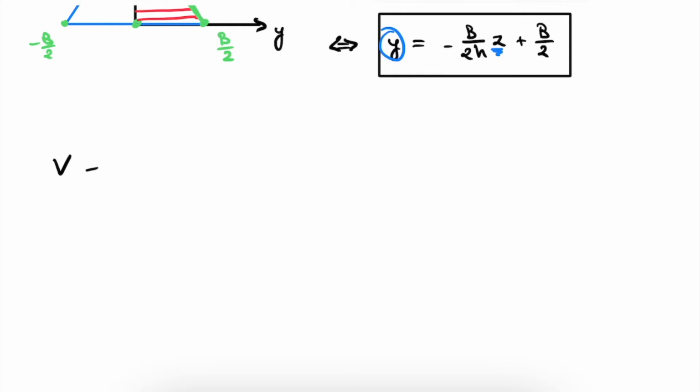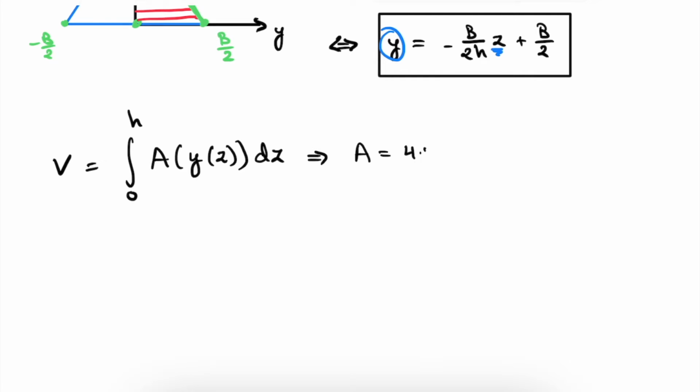We know that our volume is equal to the integral from 0 to h of this cross section, which is dependent on y, which is dependent on z, dz. And because we now know that A was equal to 4 times y squared, simply the surface of a square, this will be equal to 4 times, and now we fill in this expression for y, so this becomes minus b over 2h times z plus b over 2, and we have to square this.